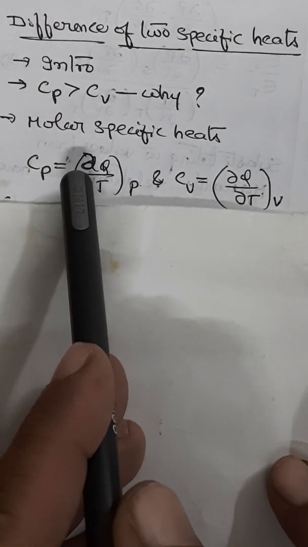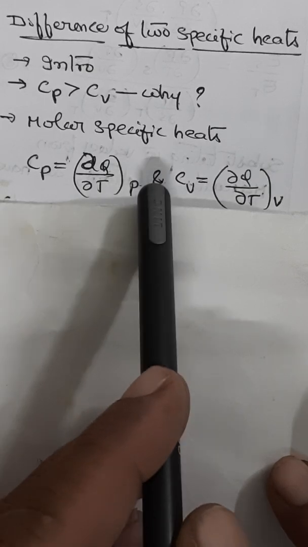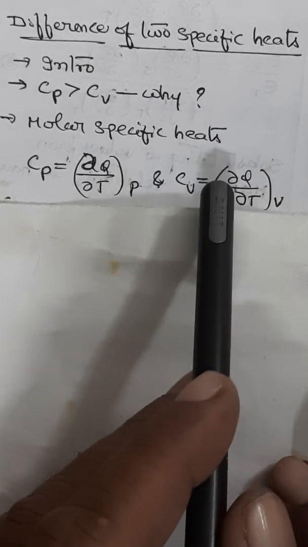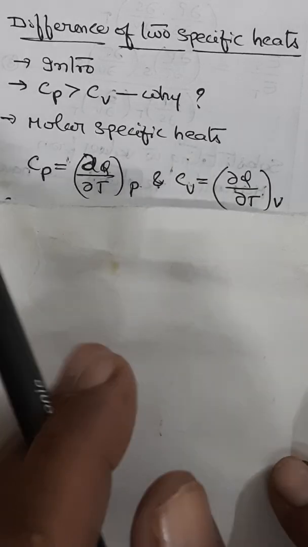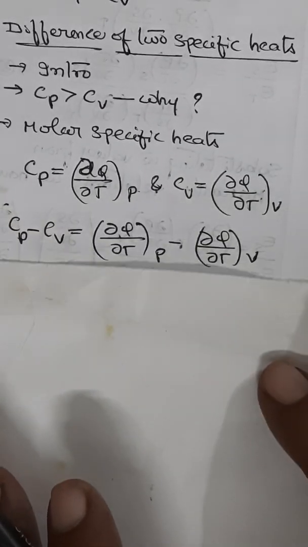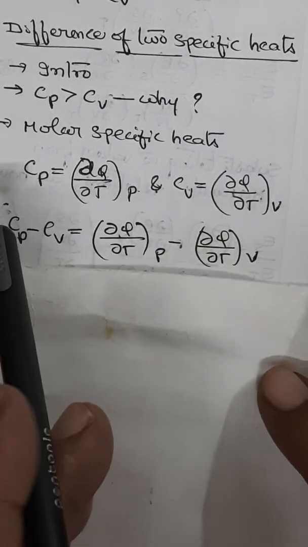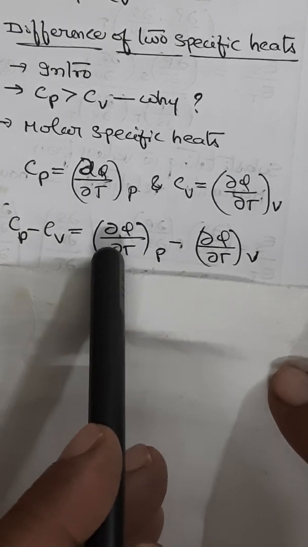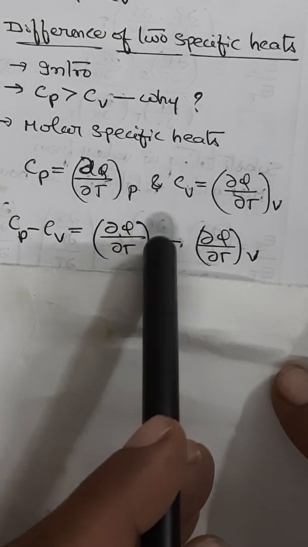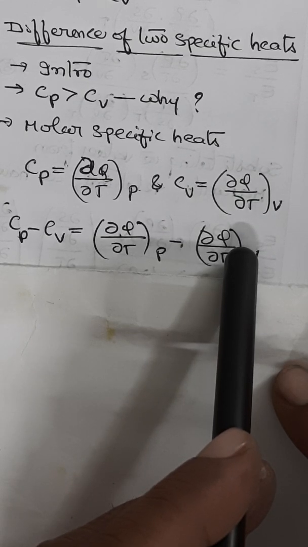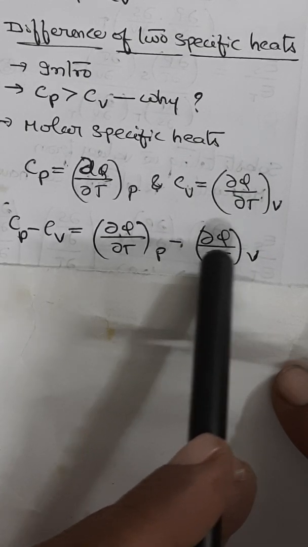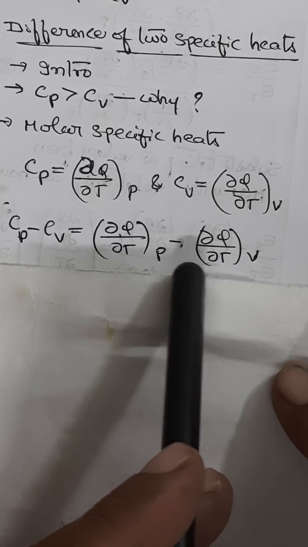Now, when you take the molar specific heats at constant pressure and at constant volume, we can express them as Cp equal to ∂Q by ∂T at P and Cv equal to ∂Q by ∂T at V. From these two, we can find the difference as Cp minus Cv, which is nothing but ∂Q by ∂T at P minus ∂Q by ∂T at V. But we know dQ equal to TdS.